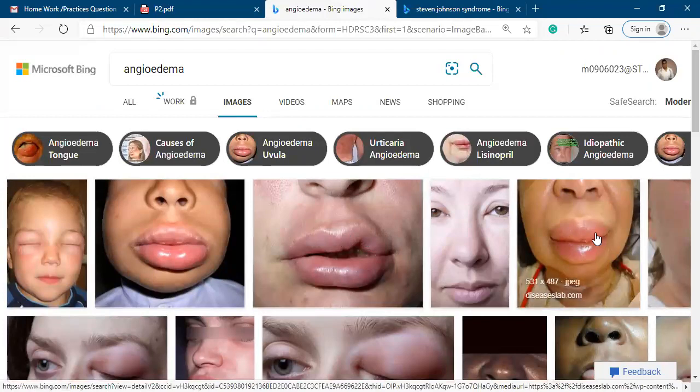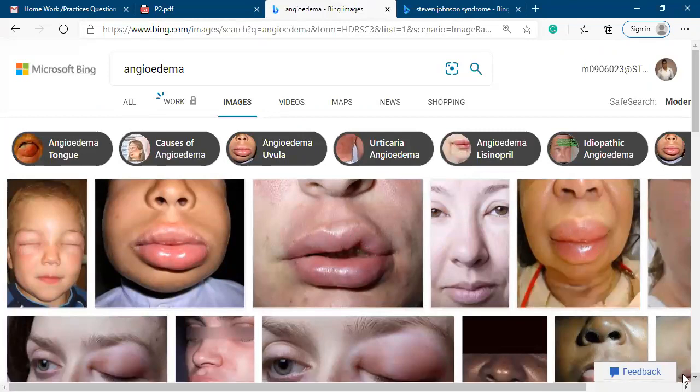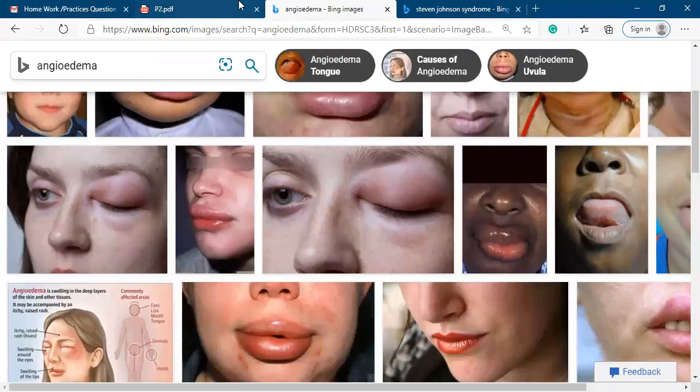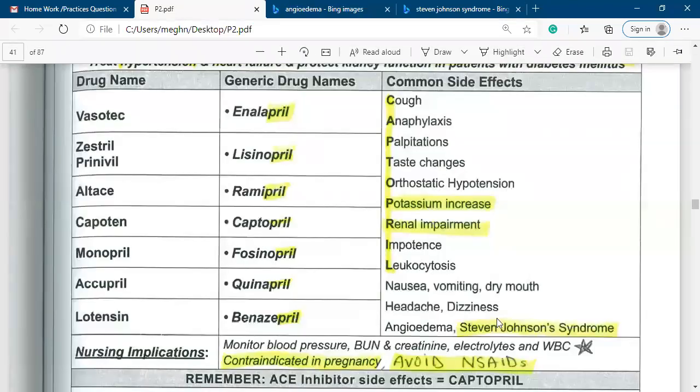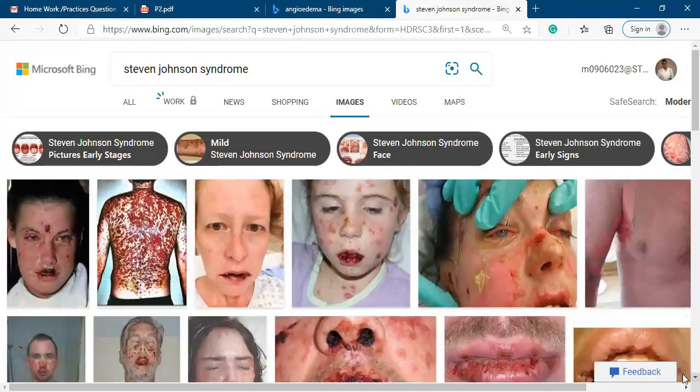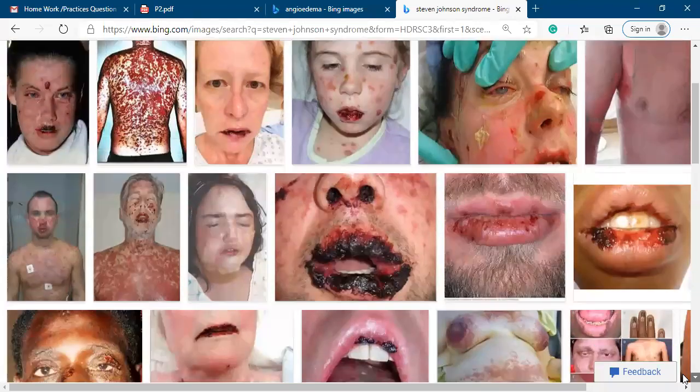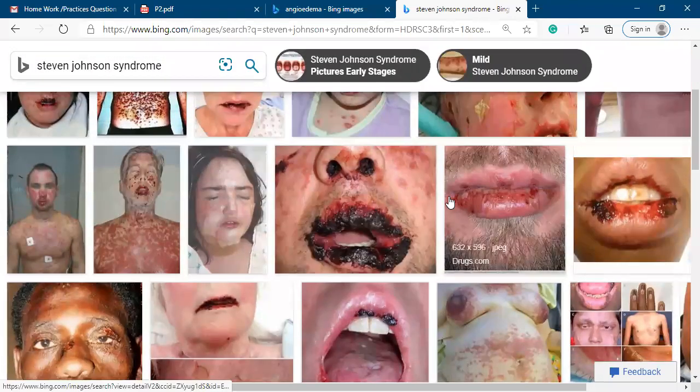Swelling of the lips is called angioedema. This is the most frequently asked question. And also this group of medication causes Stevens-Johnson syndrome. This is a hypersensitivity drug reaction. Very bad, right? This is the Stevens-Johnson reaction.